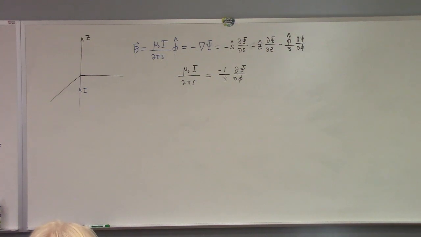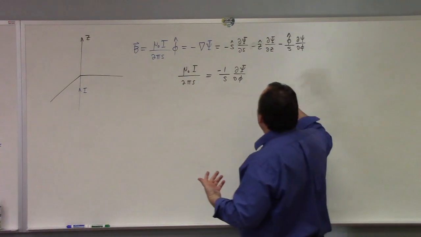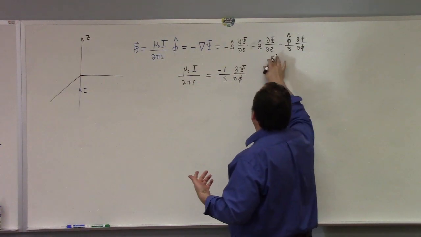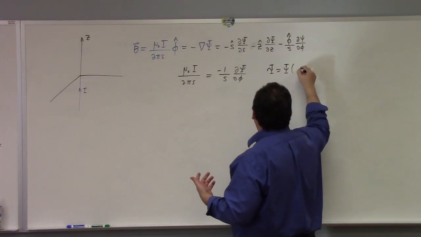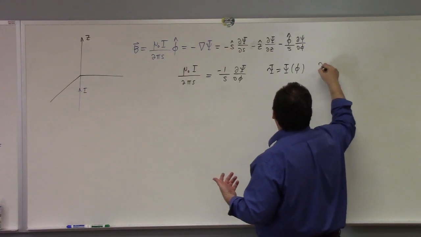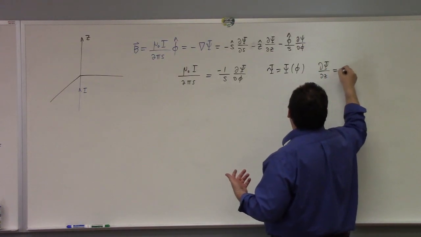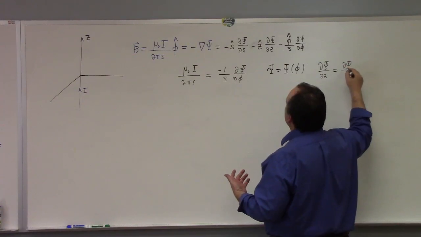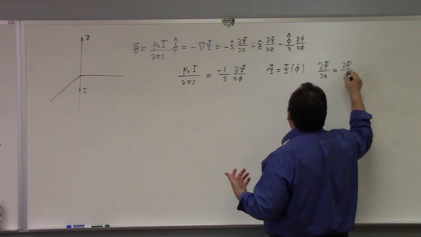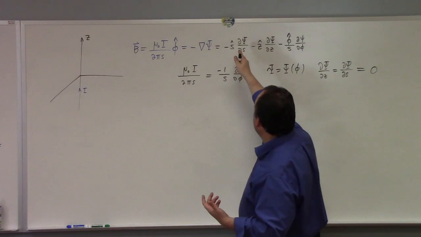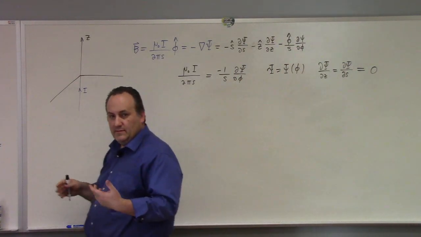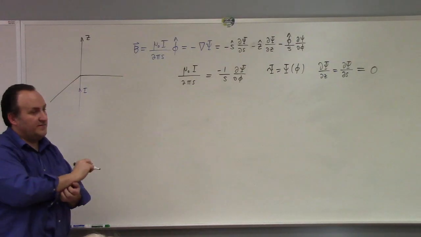So can you guys solve that? Apparently psi is what? Psi is definitely not a function of what? Psi equals psi of phi. We'll set partial psi partial z and partial psi partial s equal to 0 so that we don't have to worry about these, then try to match up the phi hat part.